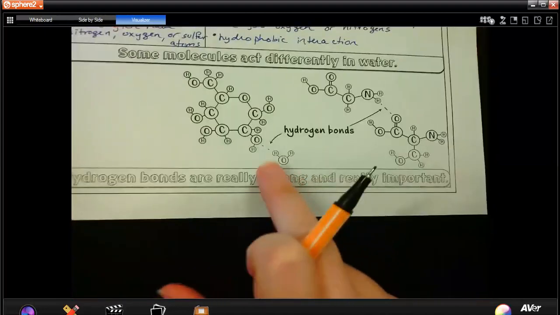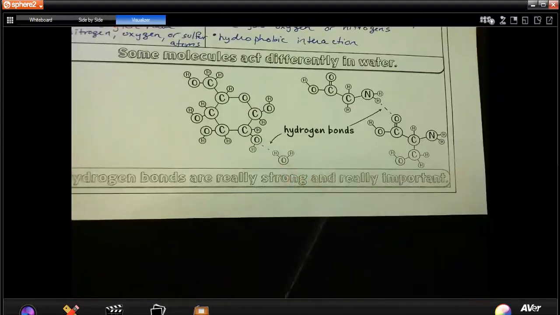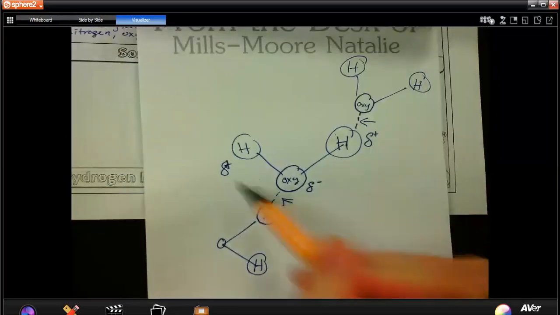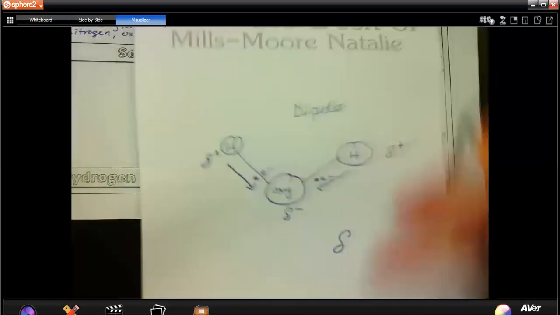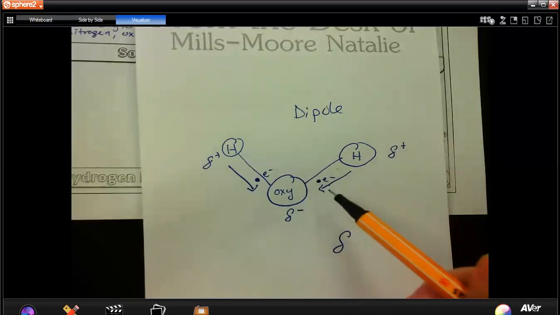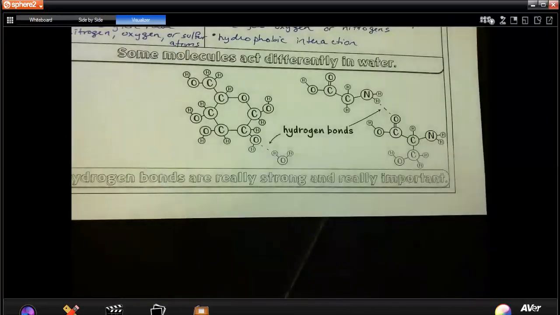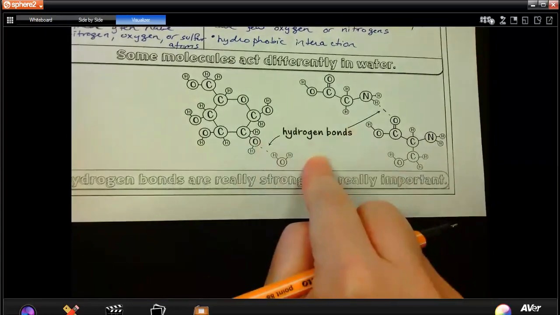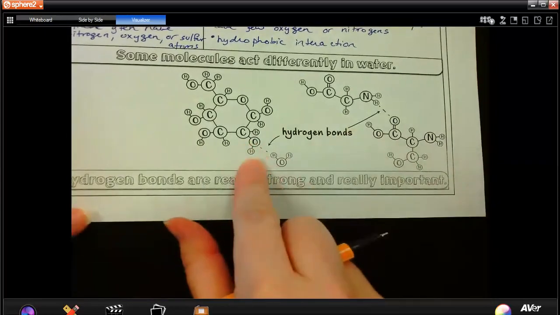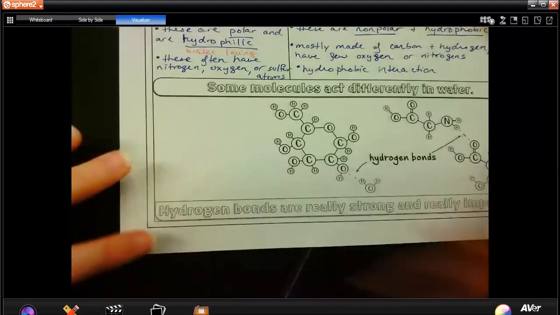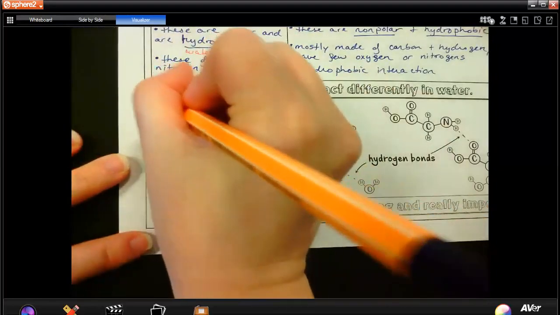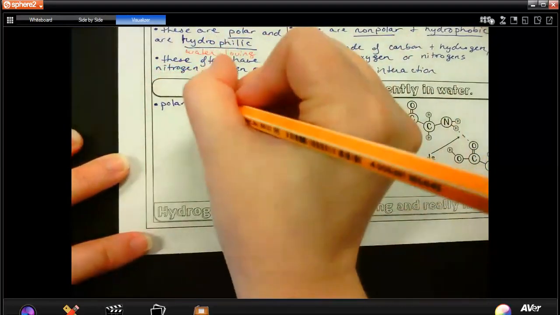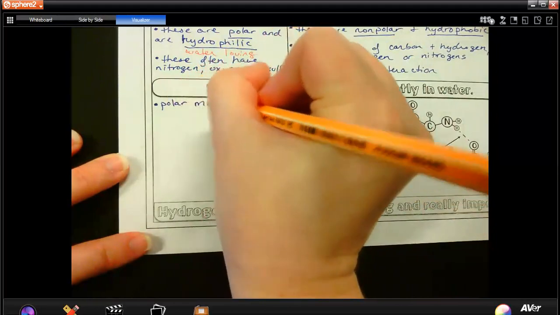So these hydrogen bonds are happening because of this partial negative and partial positive charge from the oxygen being super greedy and pulling the electrons to it. So that's just water. Here we're showing it with other polar molecules. Polar molecules are attracted to each other.